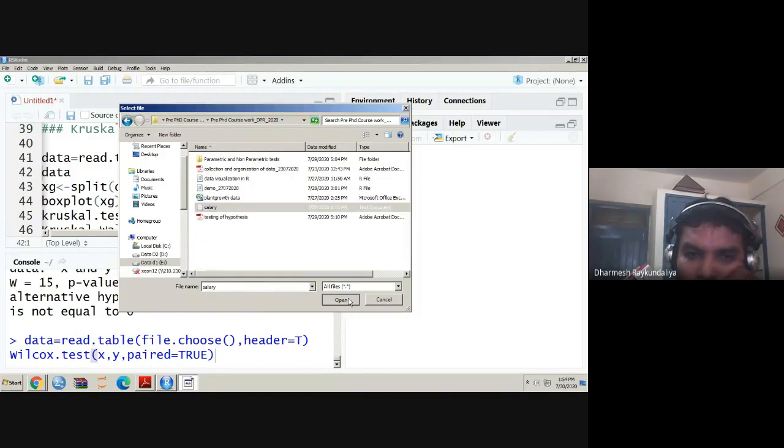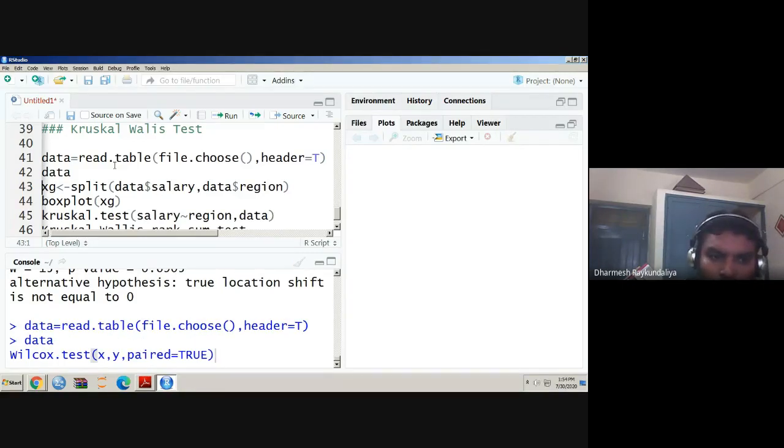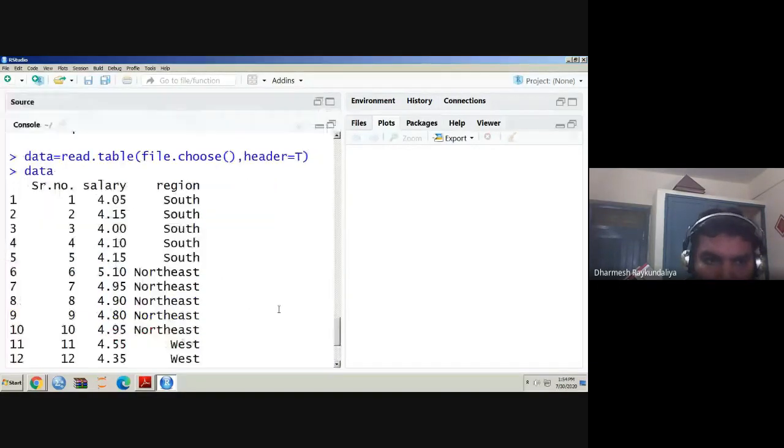I have stored it as salary. Just select it. Okay, so it has shown the data.